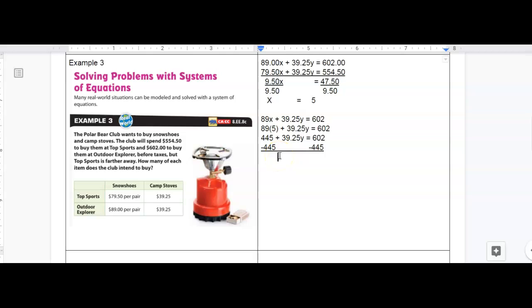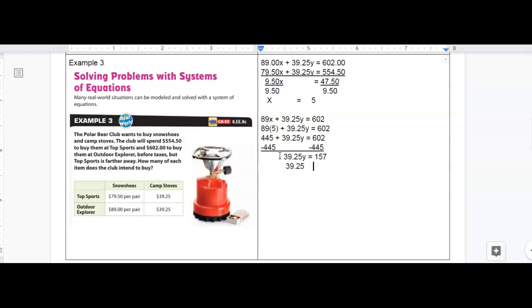So the only thing that's going to be on this side is 39.25y is equal to 602 minus 445, which is 157.